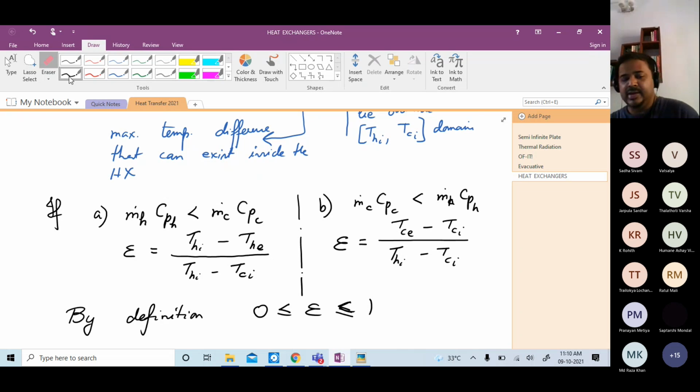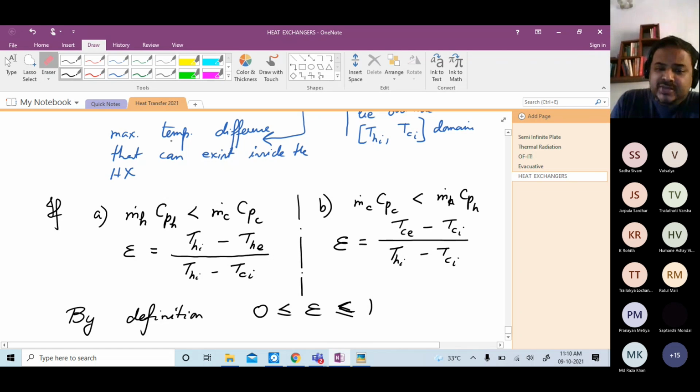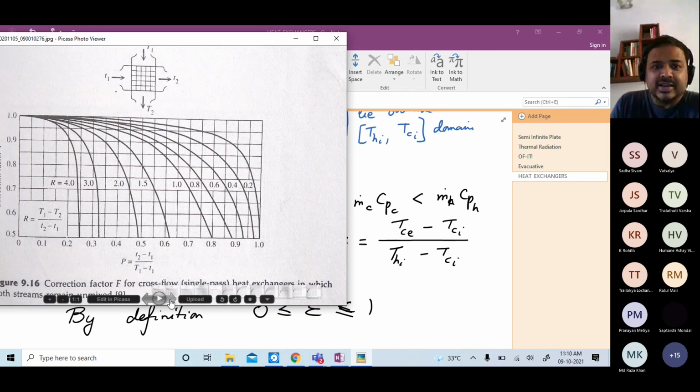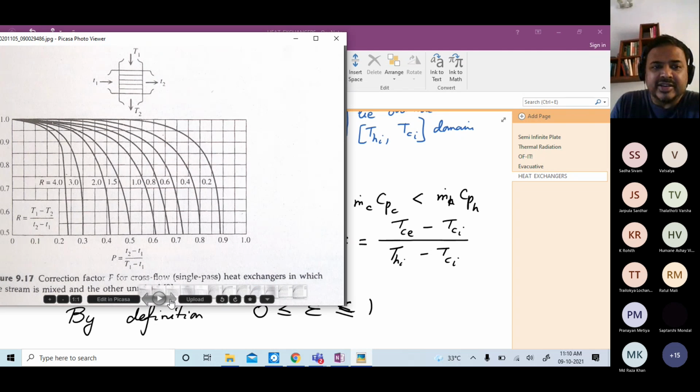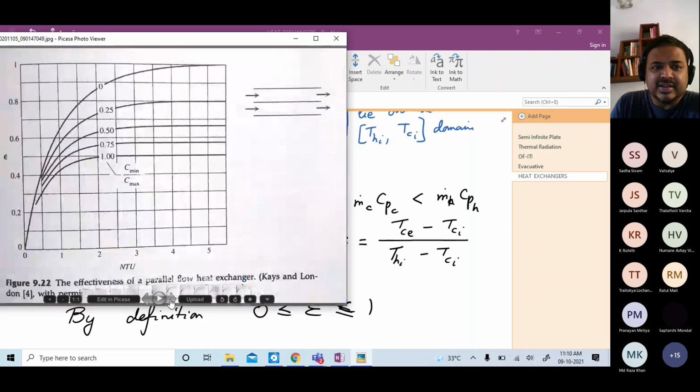Once we do that, what you will see is we have charts like these. These are the F charts. So this is your effectiveness NTU chart for the parallel flow.